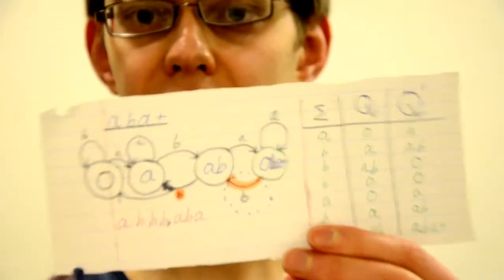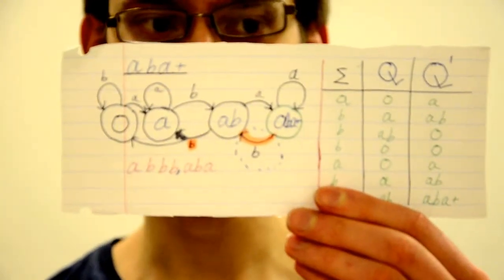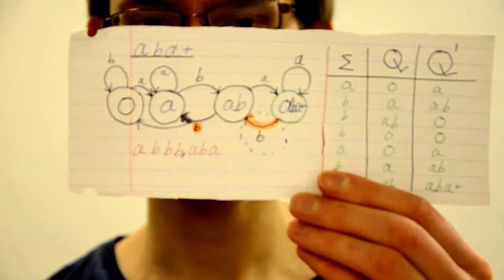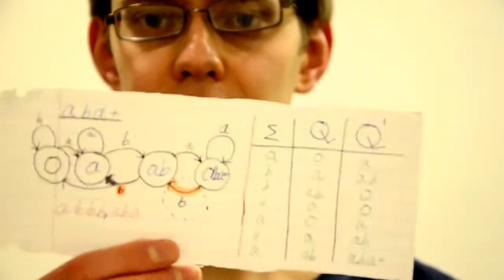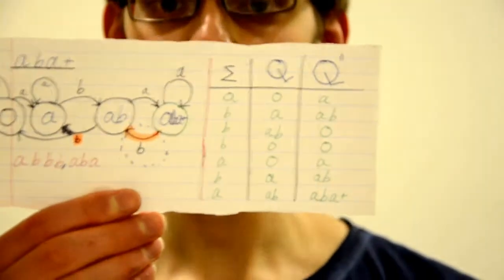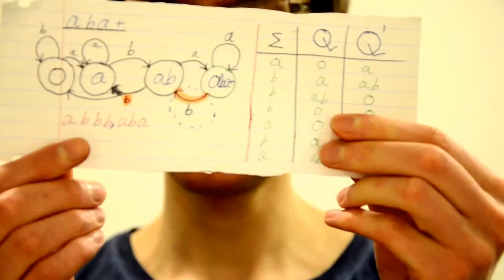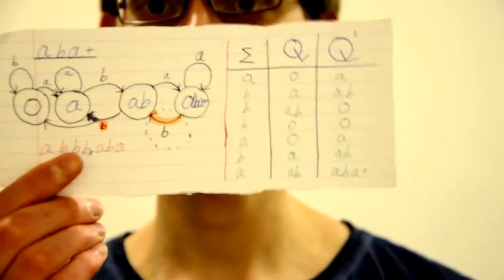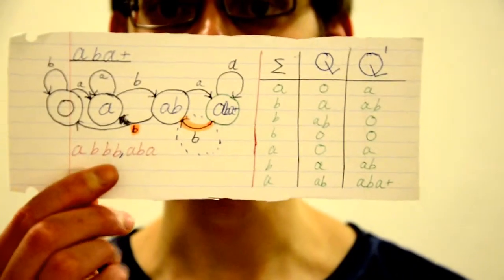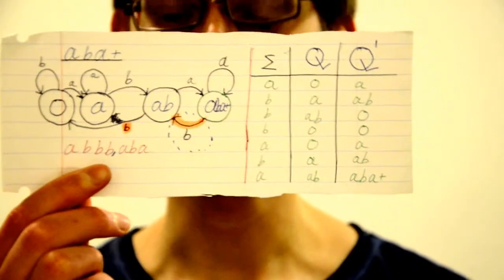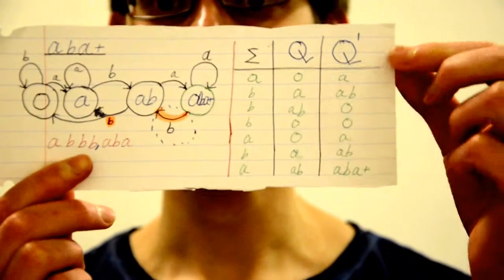Now, here is a simple example of a finite deterministic automaton that will match A, B, A plus. And as you can see, here is the language that I'm submitting to it, and it will accept this language.